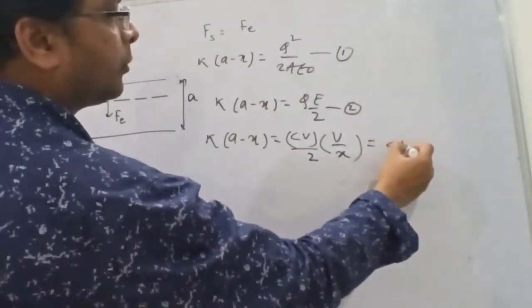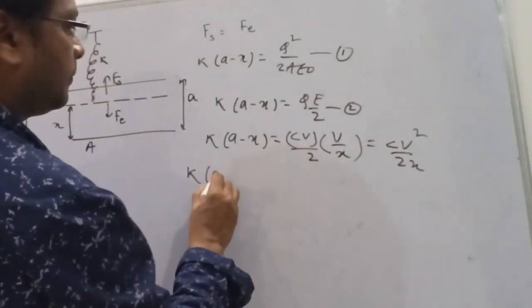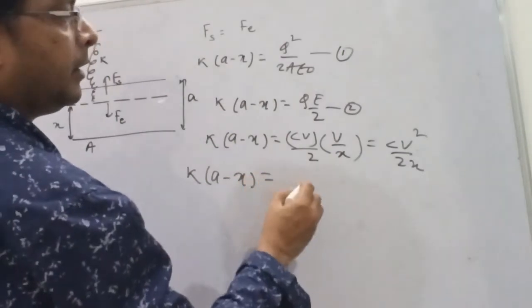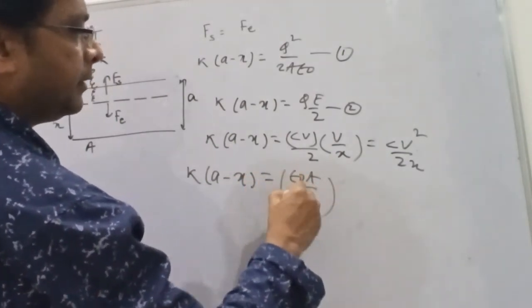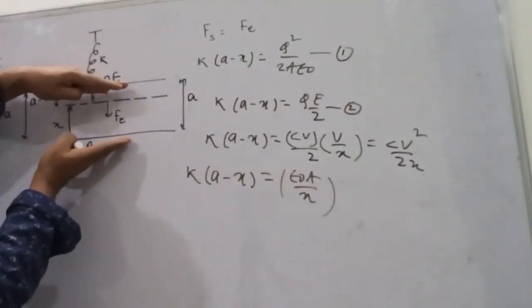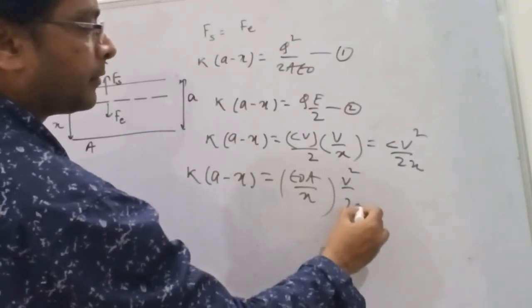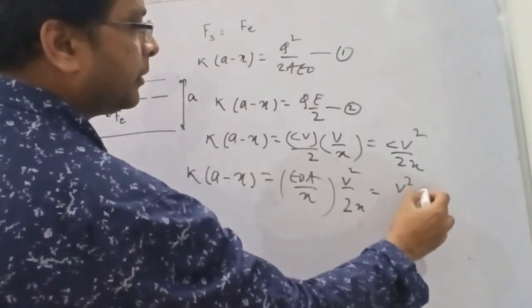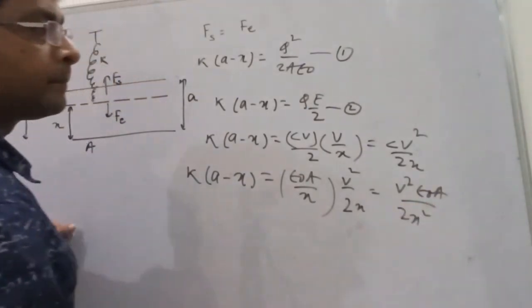So it is coming out to be CV square upon 2x. So K into A minus x. In place of C, we can write epsilon naught A upon x. This is the final capacitance when the plate separation is x, into V square upon 2x. So ultimately I am getting V square epsilon naught A upon 2x square.